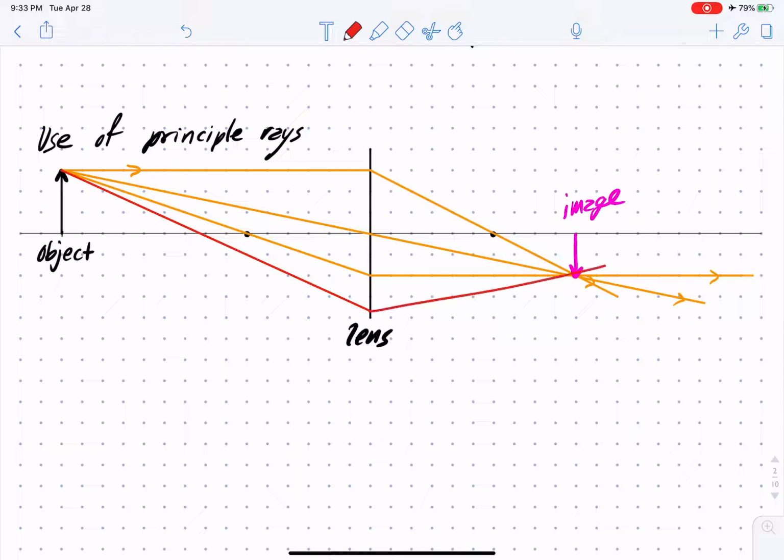So any other light that hits the lens will also have to go through the focal point. Okay, but any two of the principal rays will allow us to find the location of the image.